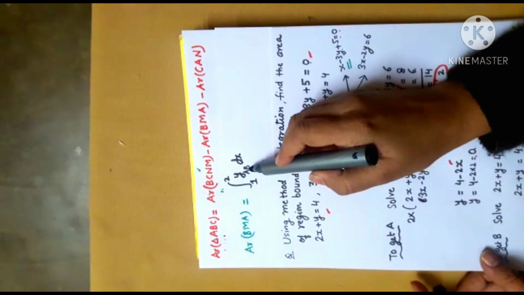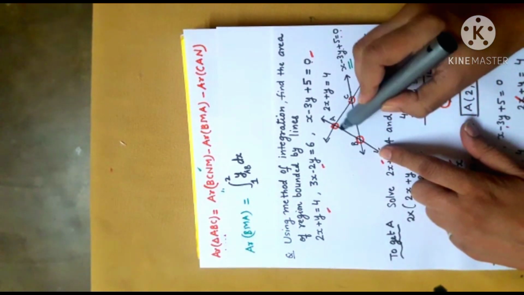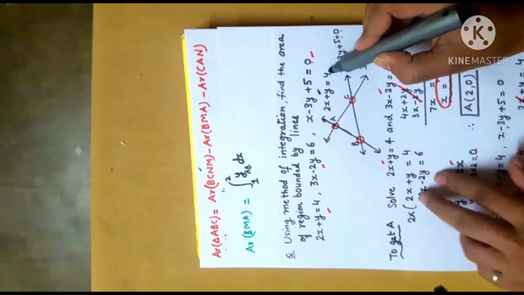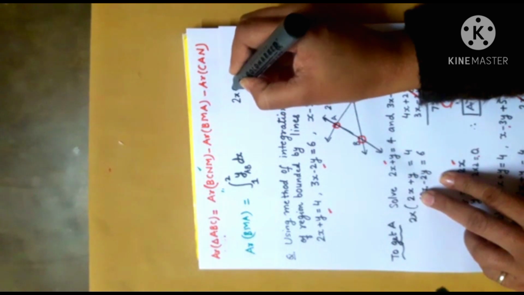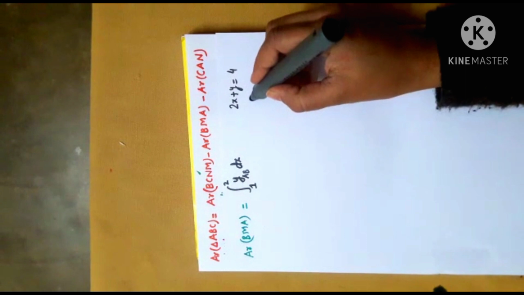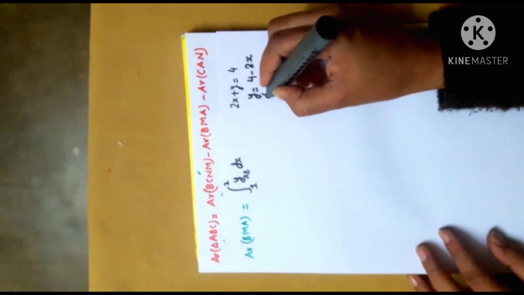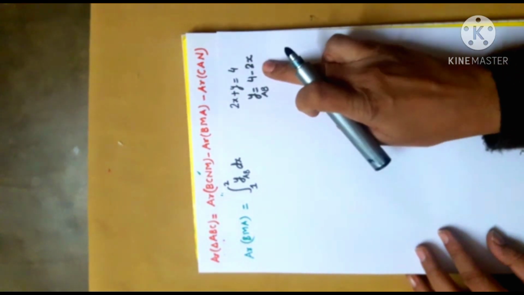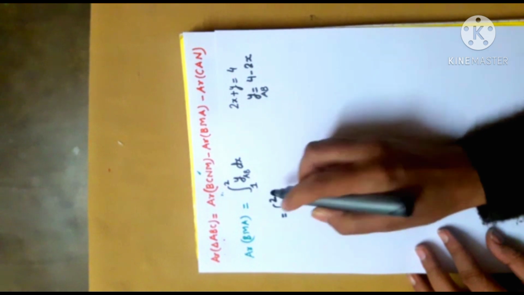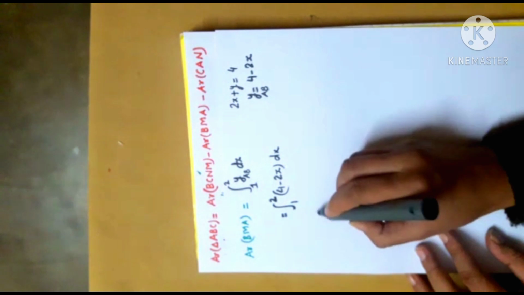Now I want y of AB. Now look at this figure. Equation of AB, that is this line, is 2x plus y equals 4. So from here, y is equal to 4 minus 2x. So this is y of AB. I'll put this value here. So it will be the integral from 1 to 2 of (4 minus 2x) dx.